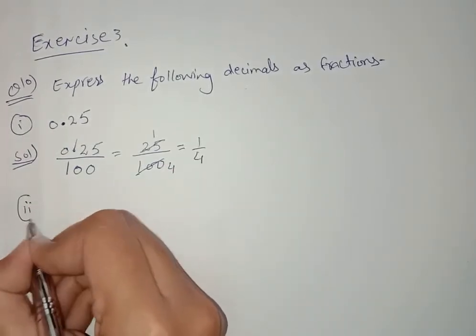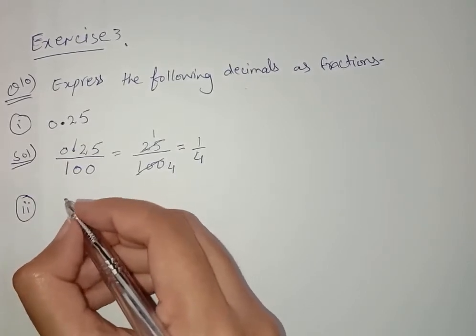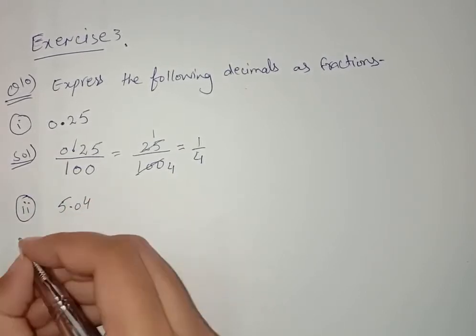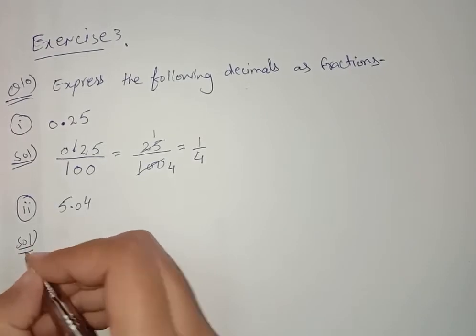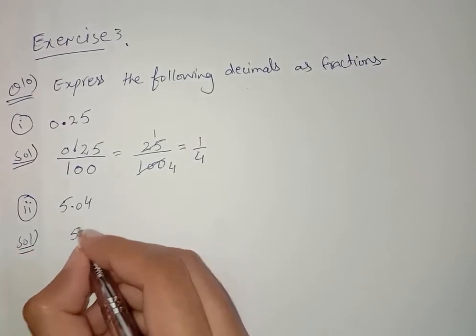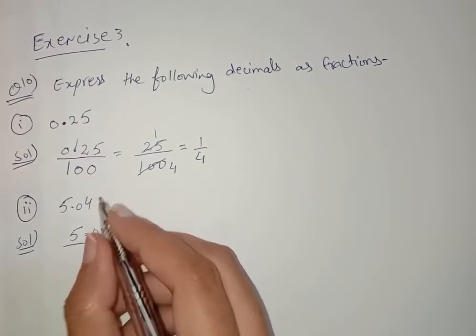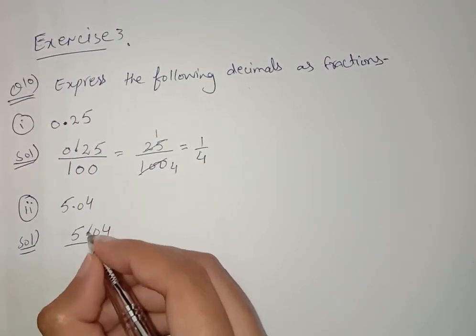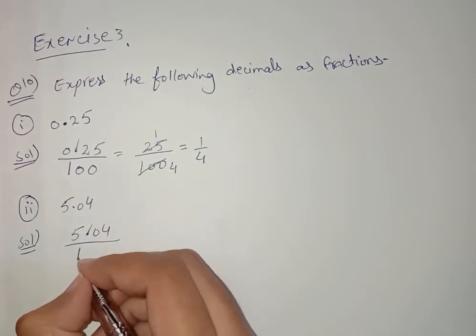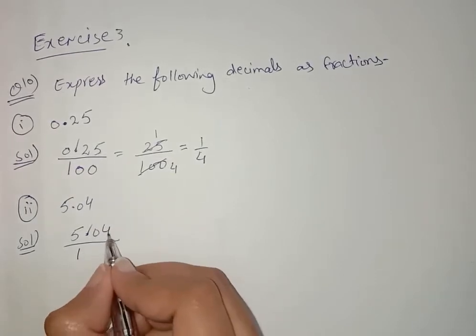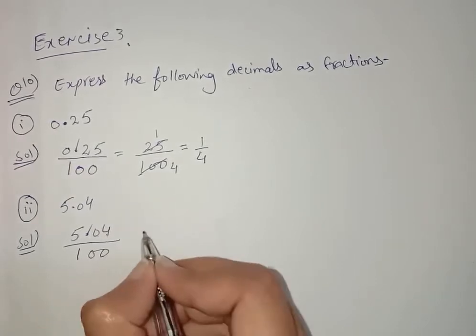Now move towards its part number 2, which is 5.04. As I told you in the first question, whenever we remove the point, we place 1 in the denominator. Next there are 2 digits, so we place 2 zeros.